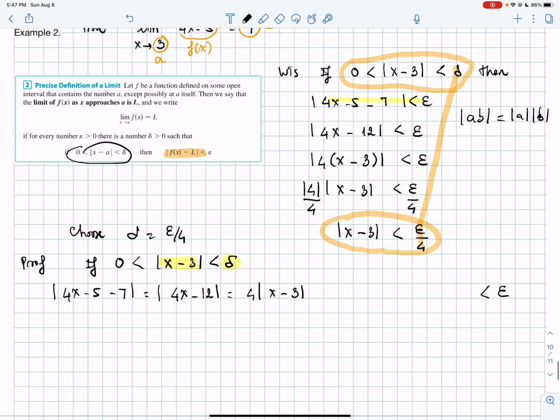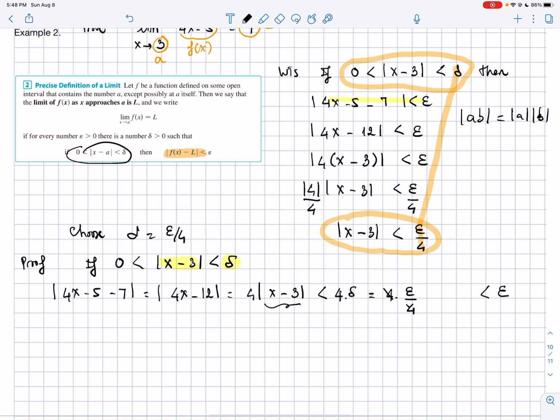So that means 4 times the absolute value of x minus 3 is less than 4 times, we're going to plug this in for delta, because x minus 3 is less than delta. But what we choose for delta is epsilon divided by 4, so 4 times epsilon divided by 4.